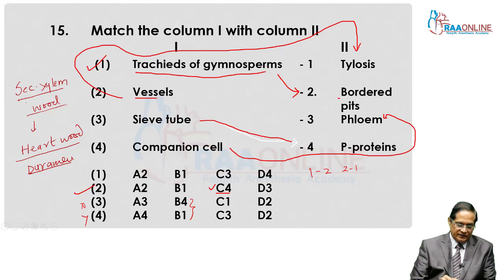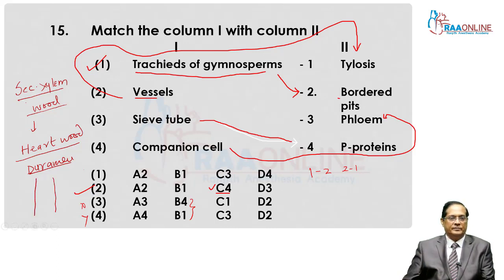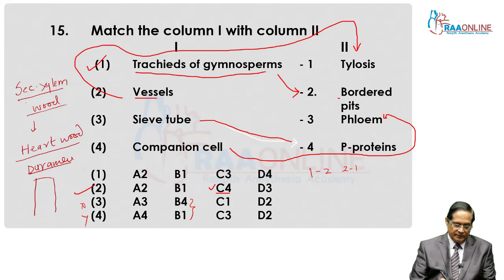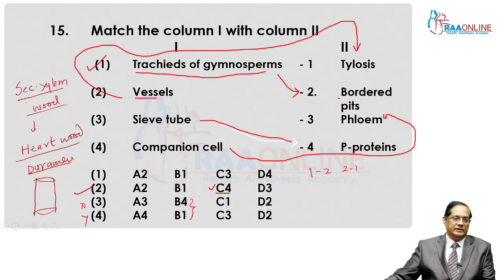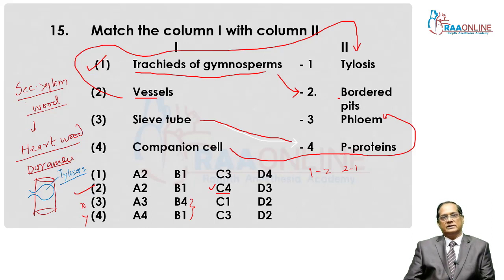In the vessels of duramen, a balloon-like structure is seen. This is tyloses. It blocks the vessels.